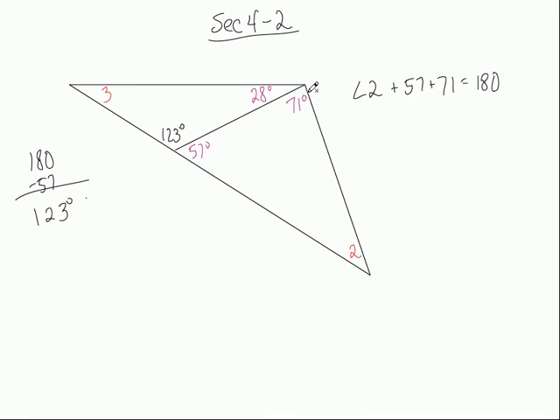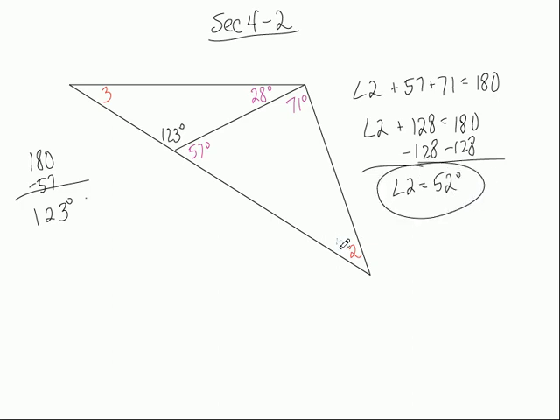You just add these up: 128. Did I do that right? Then subtract it from 180. So angle 2 is equal to 52 degrees. That's angle 2, right there, 52 degrees. We good? Alright.